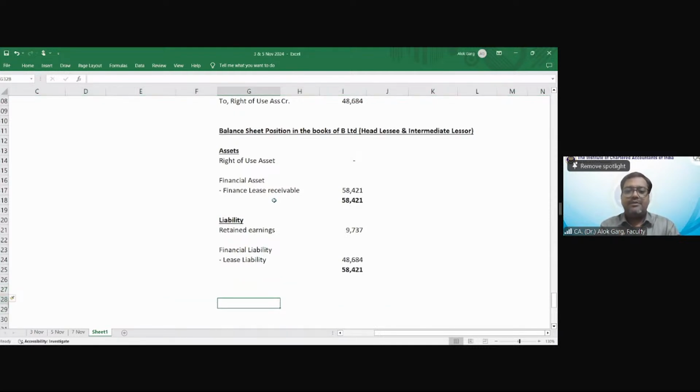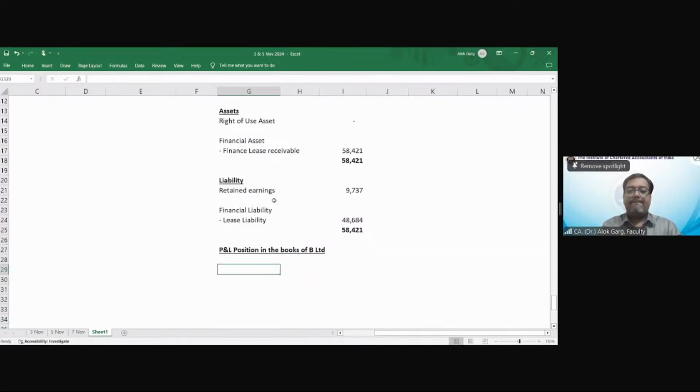This is balance sheet position, P&L position. Finance interest income on finance lease receivable.